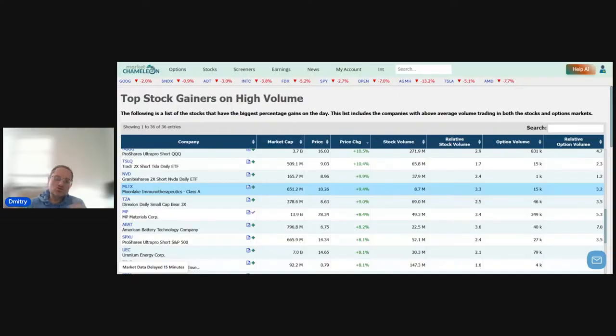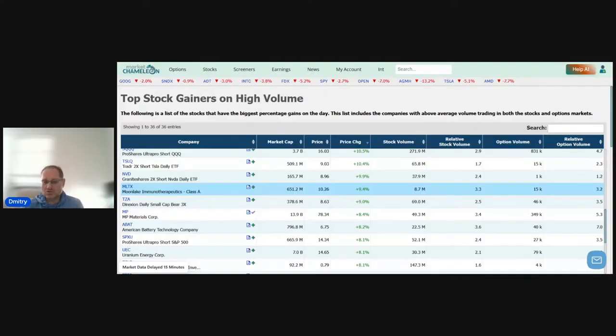But other times you may see a different type of trend or pattern where the list of stocks could be from a certain sector, and that sector in particular is what people are coming after.